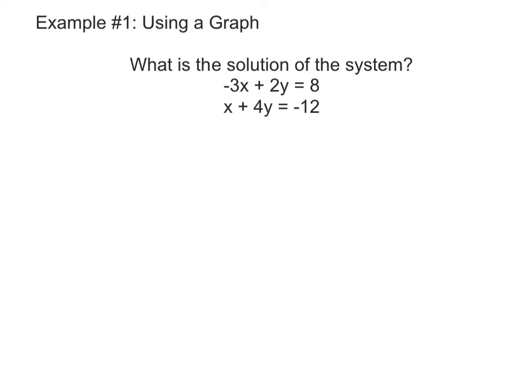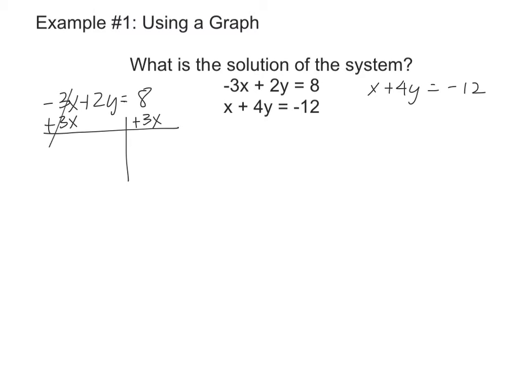In order to graph, we need to be sure that both equations are in slope-intercept form. So let's rewrite these as negative 3x plus 2y equals 8 and x plus 4y equals negative 12. If we solve each for y, we will add 3x because we're moving x to the other side.